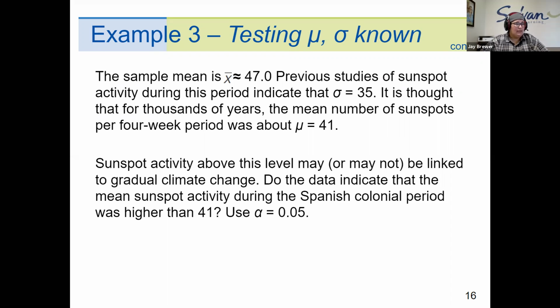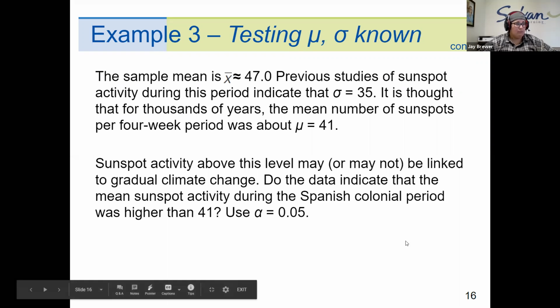Does the data indicate that the mean sunspot activity during the Spanish colonial period was higher than 41? Use an alpha of 0.05. So you see here that they're basically being given the alpha. If you as a statistician are coming up with a situation, then you want to pick the alpha early.